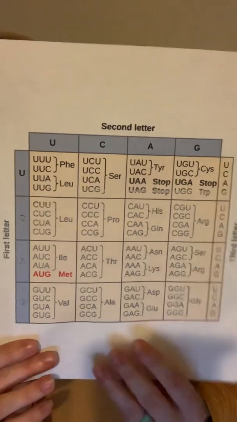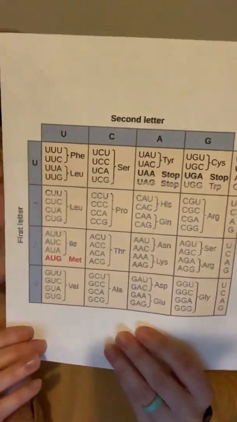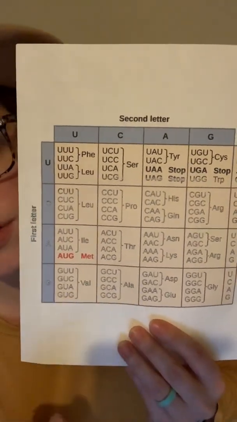So when interpreting an mRNA, we do this in a series of 3 nucleotides called a codon. Okay, so this is the codon chart I have right here. And this is how we're able to know what codons go with what amino acid.